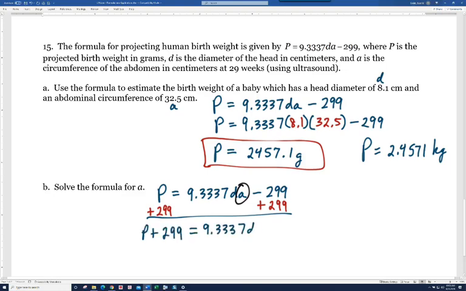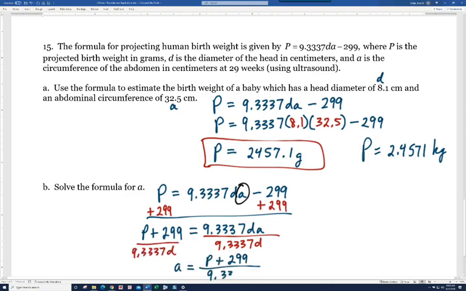We get P plus 299 is equal to 9.3337 DA. Honestly, this is all multiplication on the right side here. We're trying to solve for A, so we just need to get rid of these two numbers here, which are multiplied times A. So we're going to divide by 9.3337D, and of course, we have to do that on both sides.